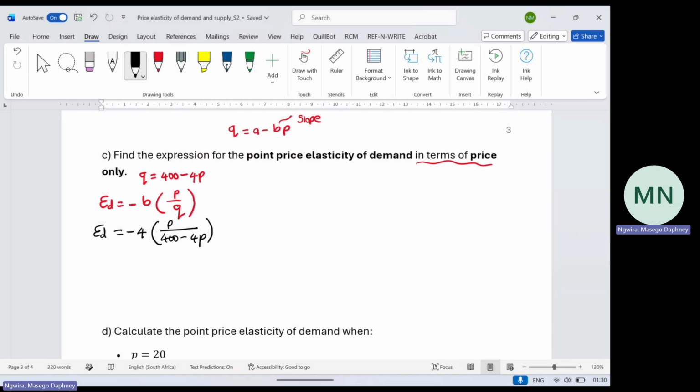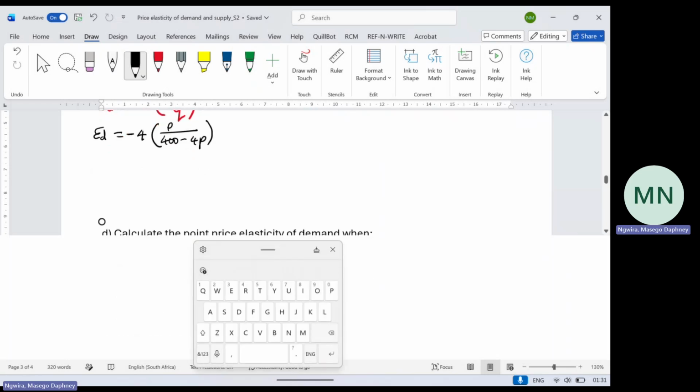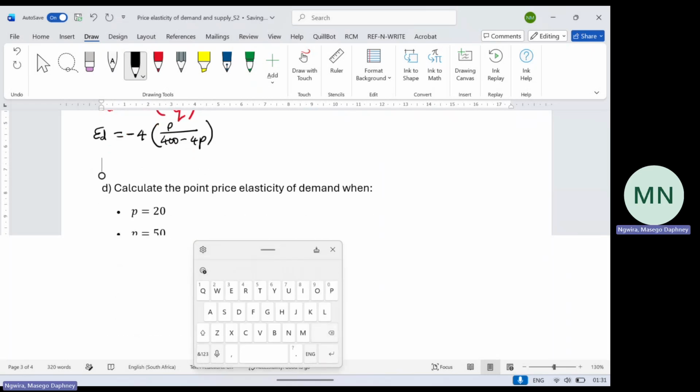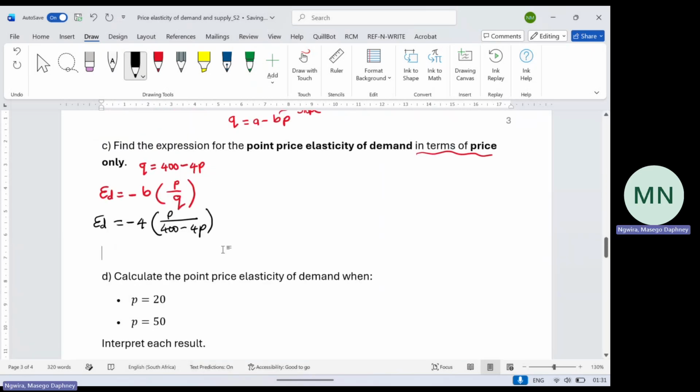Sometimes we'll factorize, but it's not going to change anything. Even if you factorize, it's still the same. So that's our point price elasticity of demand in terms of P, because they wanted the answer in terms of P.